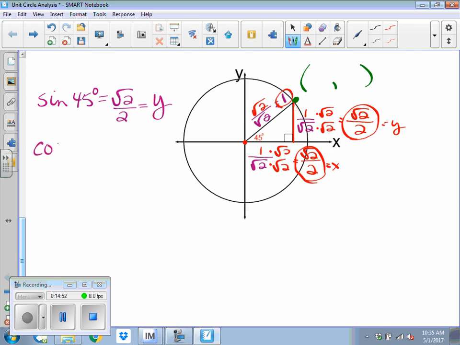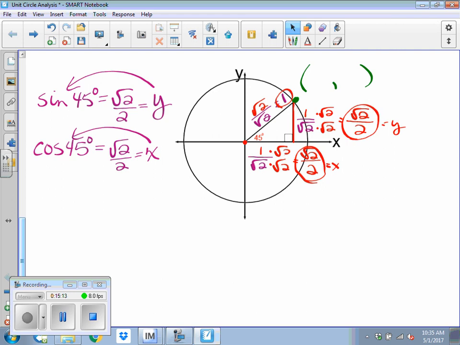Cosine of 45 degrees is what? Adjacent over hypotenuse, which is the same thing, right? Sine and cosine are the same for 45 degrees. Square root of 2 over 2, which is my x value. So what are my coordinates up here? Square root of 2 over 2, and square root of 2 over 2.